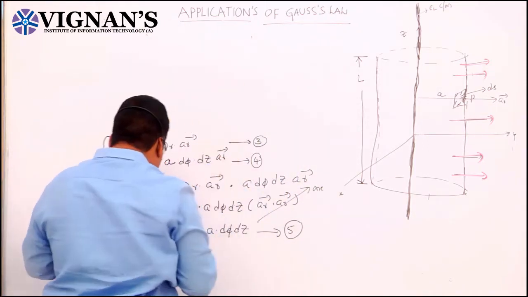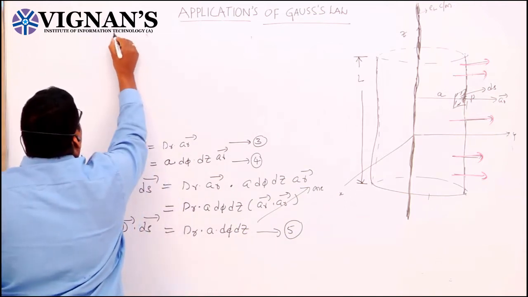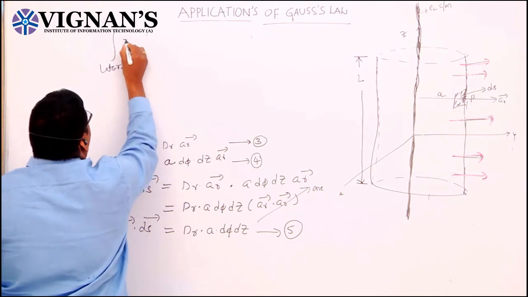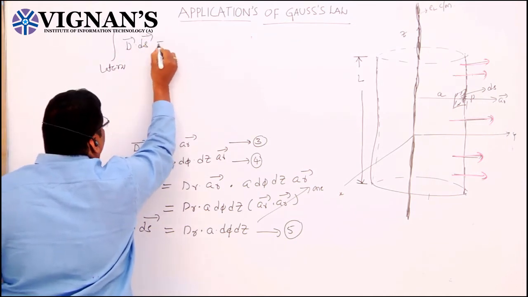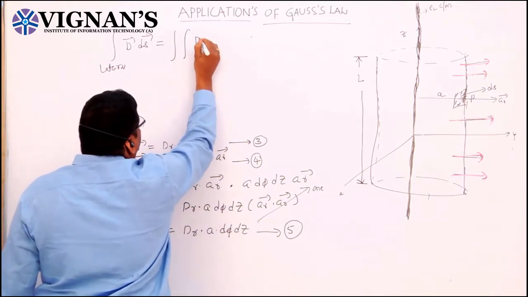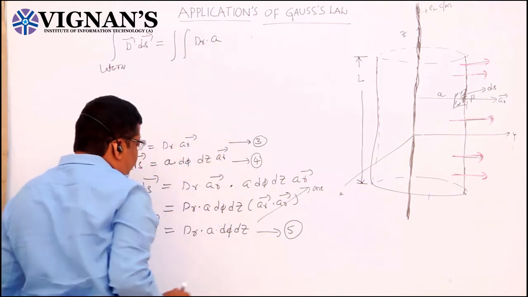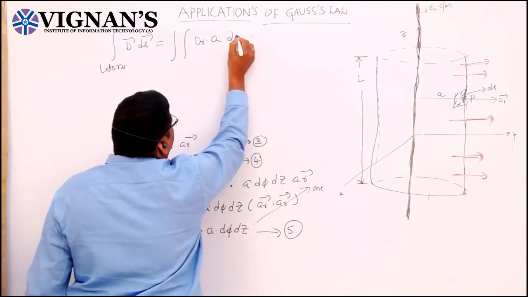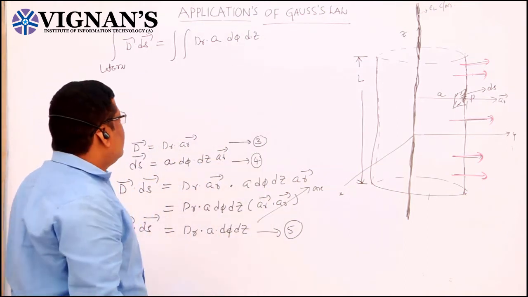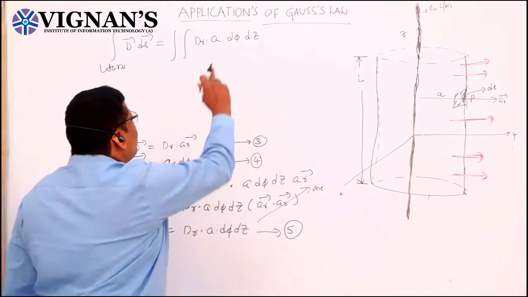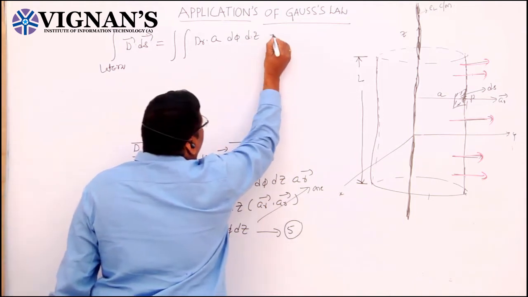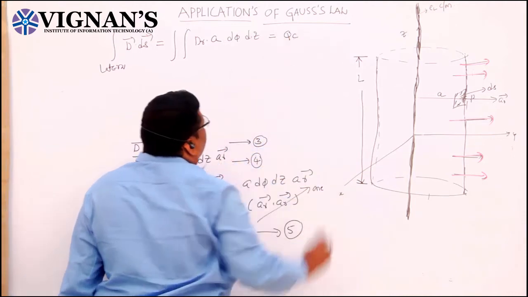So on the lateral surface, the integral of D bar dot dS bar equals the double integral of Dρ ρ dφ dz. Here, the two variables are φ and z. This is equal to the charge enclosed by the Gaussian surface.